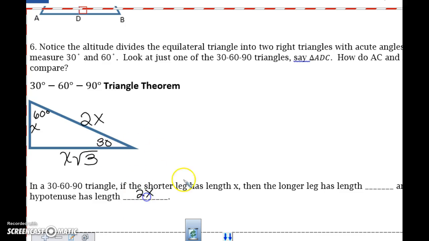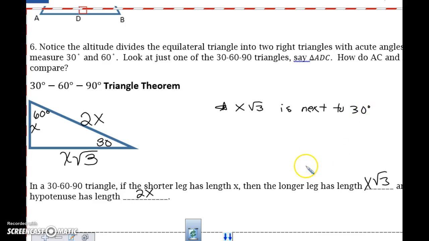Fill in the blanks. So when we look at them, one of the things to keep track of is which one's the short leg and which one's the long leg. The long leg is right next to the 30-degree angle. So I always try to remember that x root 3 is next to the 30-degree angle.